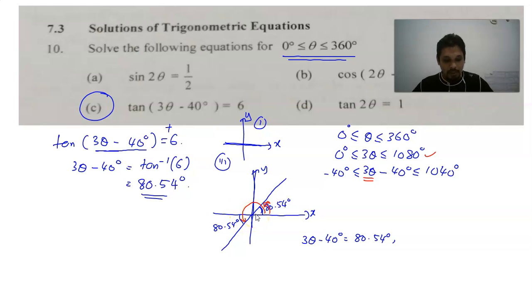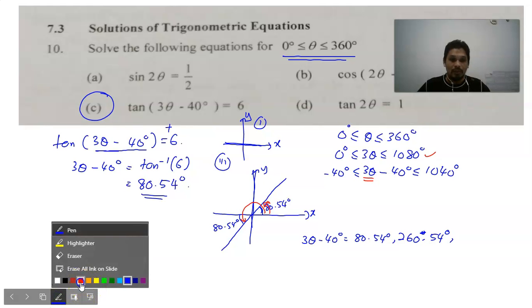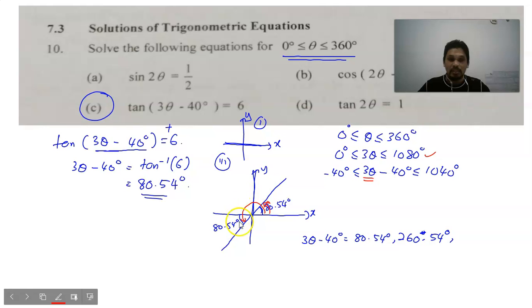So let's find it out. 180 plus 80.54 is equal to 260.54 degree. And then we have completed the first cycle, basic angle of 80.54, and then 180 plus 80.54.